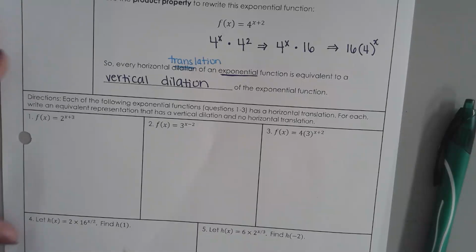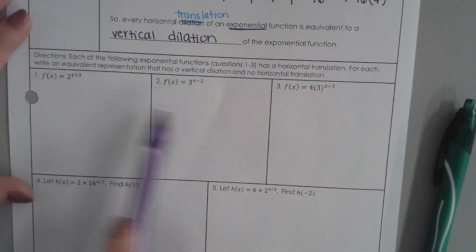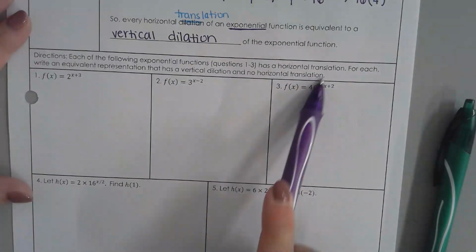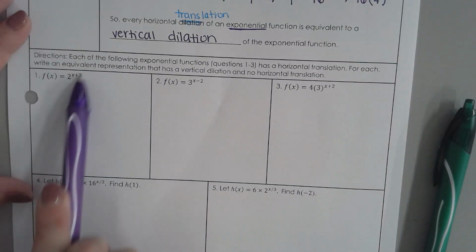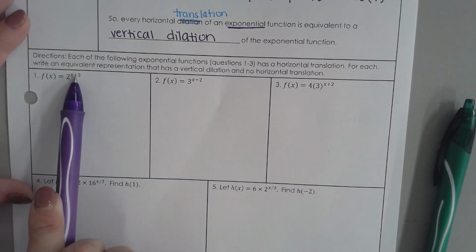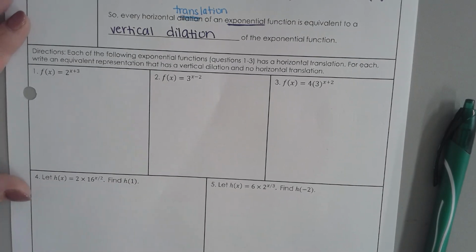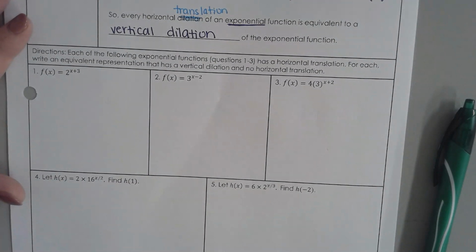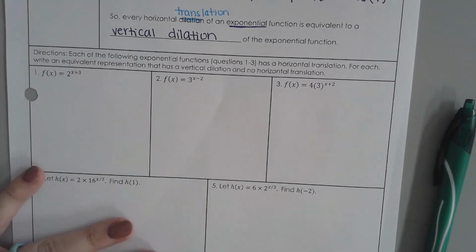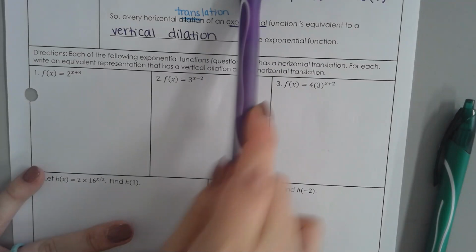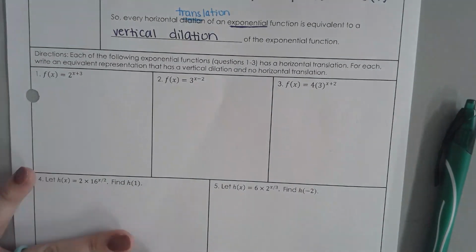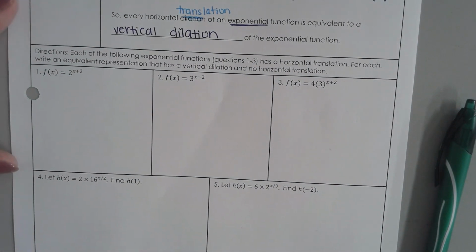So, we have 3 examples. All of these examples are adding something in the exponent, and they show a translation. Adding to your x is a horizontal translation. We're going to use our exponent rules, just like we did up here, to rewrite them and make it look like a dilation.